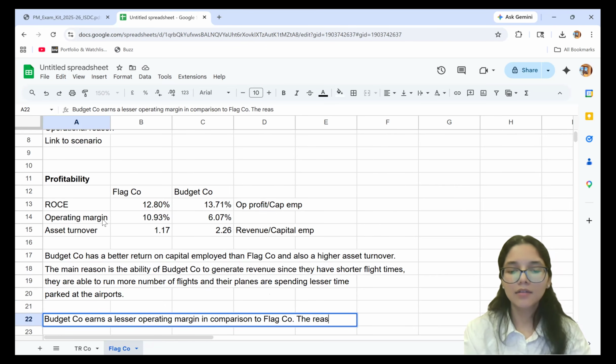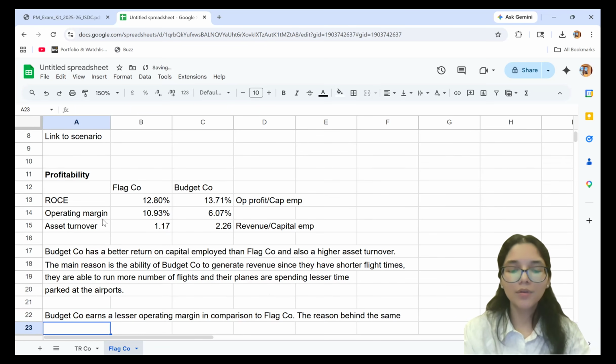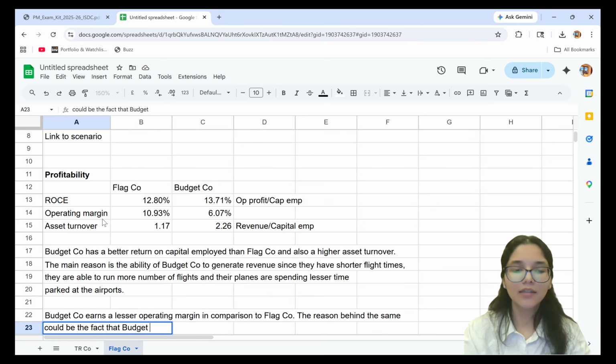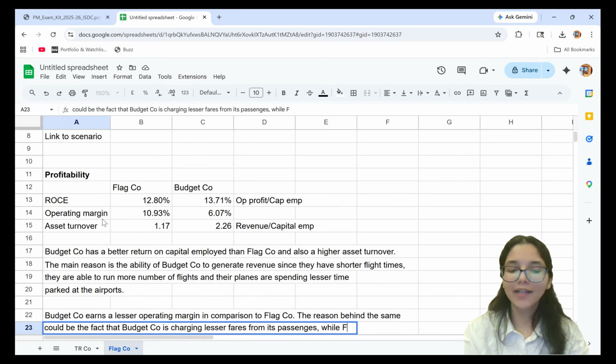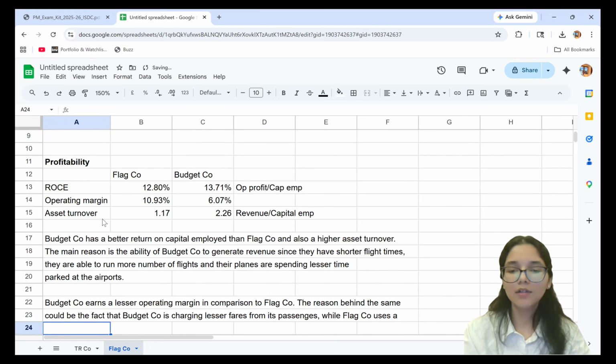The reason behind the same could be the fact that budget company is charging lesser fares from its passengers, while flag company uses a premium pricing.